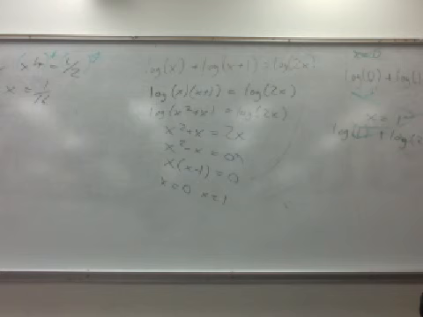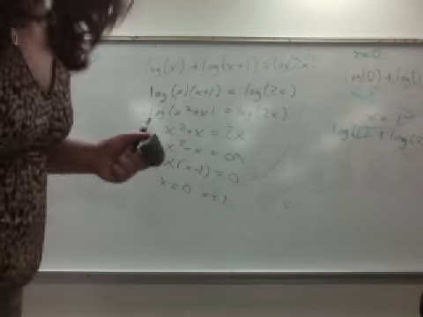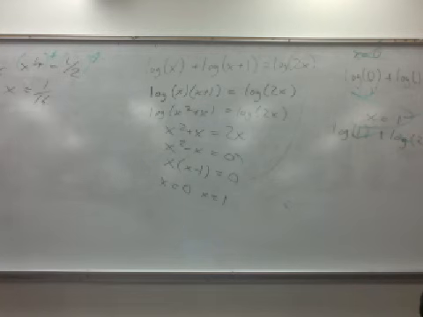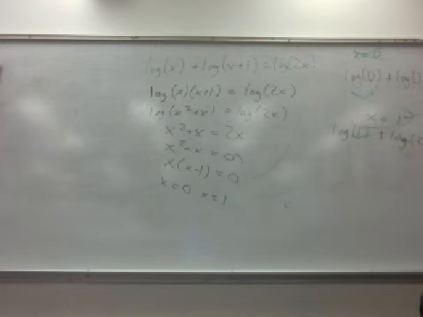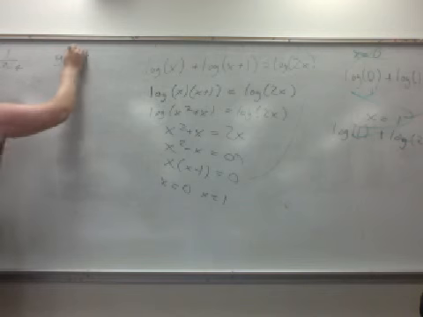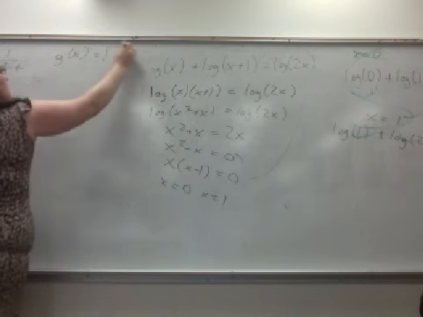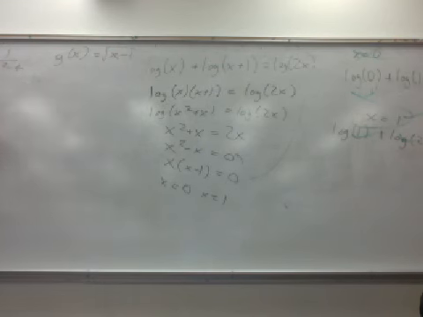I think the last thing I'm going to go over from the cards is finding domains of arithmetic combinations. So, let me do f of x equals 1 over x squared minus 4, and g of x equals square root of x minus 1.